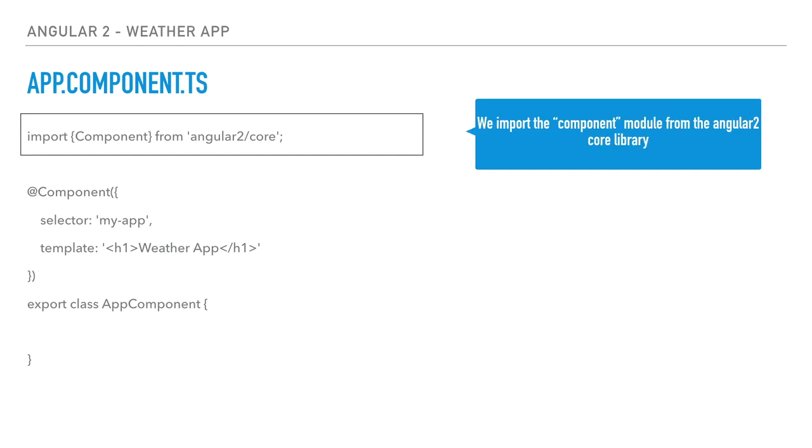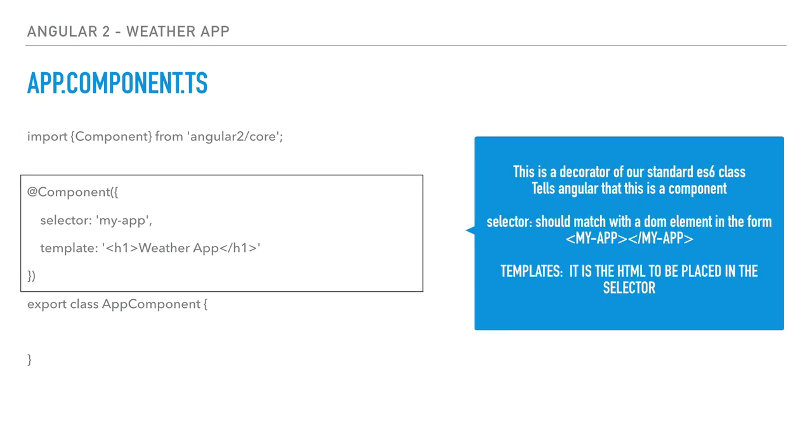If we recap the concepts, we have first an import line where we import the component from the Angular 2 core library. Then we have the decorator component. From there, we are specifying the selector. This is going to be the HTML tag that we will use to trigger our component, and the template.